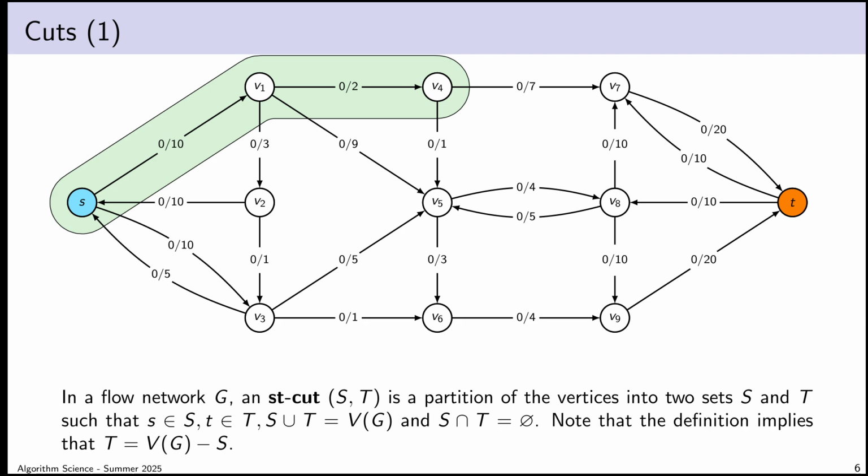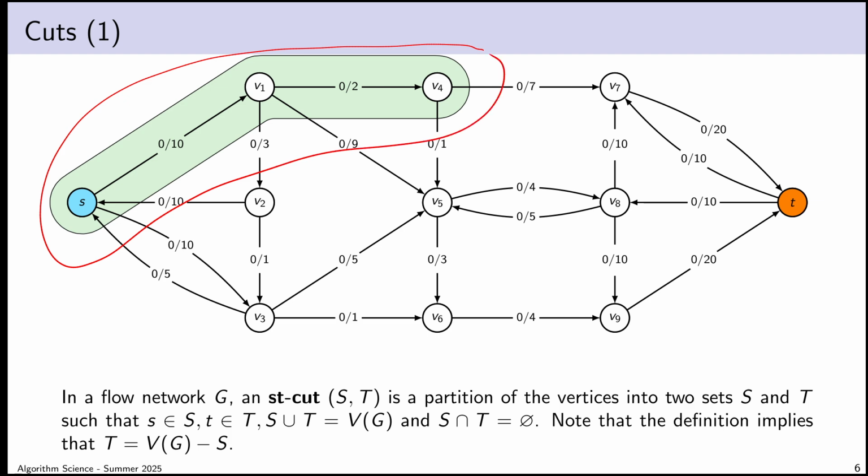Okay, so to do that, I'm going to rewind back to an observation that we made about 3/4 of the way through the previous lecture. We saw a case in the previous lecture when we were computing flows where we were able to assert that a particular flow was maximum. And it basically came down to this observation. What we noticed was at a particular point in our algorithm, we had this collection of vertices that were reachable from S. So if we go looking for augmenting paths, we might find a collection that looks sort of like this.